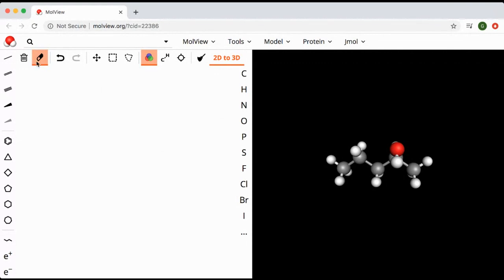And I'm going to draw here a different molecule, exactly the one that we had in the picture. And here we have a chlorine atom.